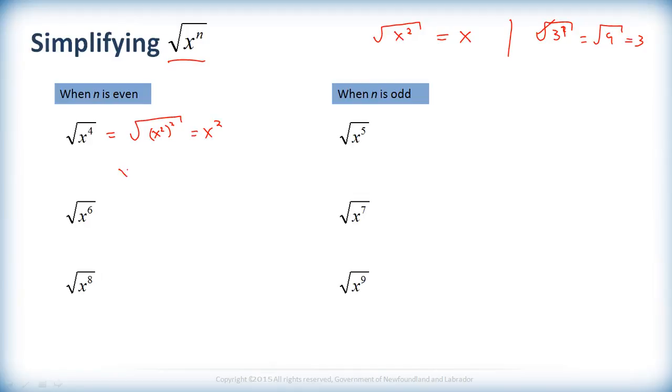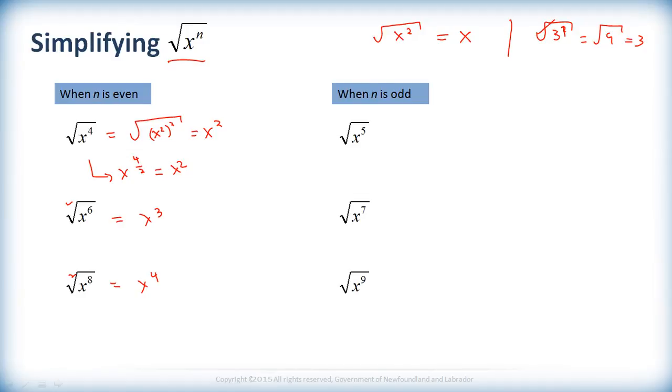Another way to say that is to remember your exponent rules from grade 10. x to the power of 4 over 2 is another way to say that, and 4 over 2 gives x to the power of 2. Similarly, for any other even power, if I'm taking a square root, all I have to do is divide the exponent by 2, and I get my answer. So that's pretty straightforward. The process there is just take your exponent and divide it by 2.